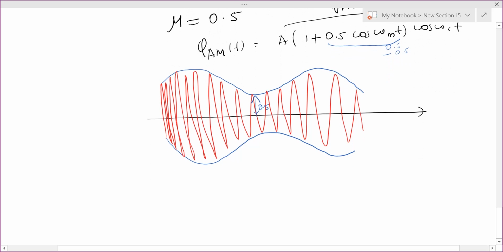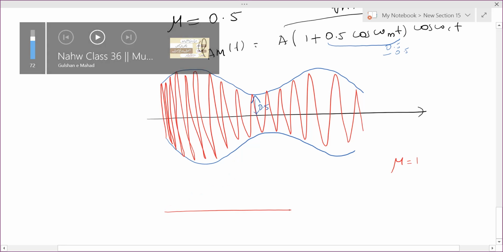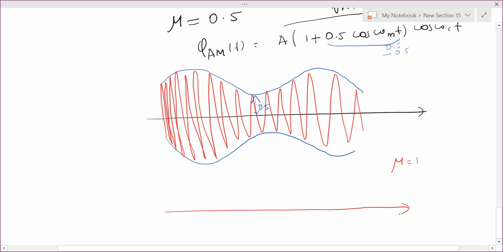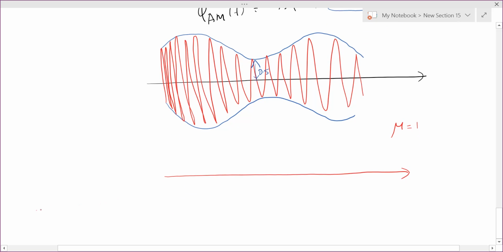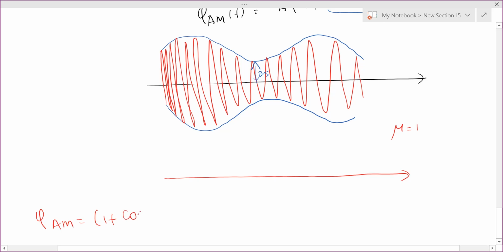Now let's take another case. If mu is equal to 1, then what will happen is you will get phi am as 1 plus cos omega mt, times cos omega ct.